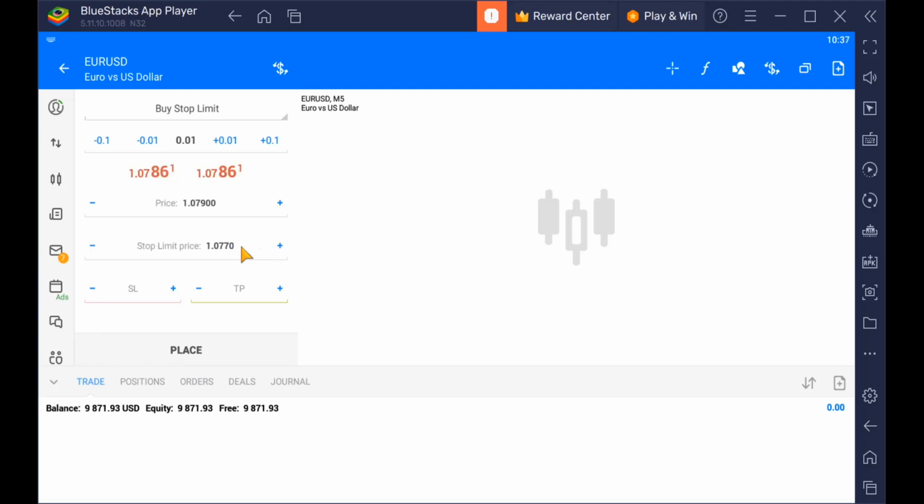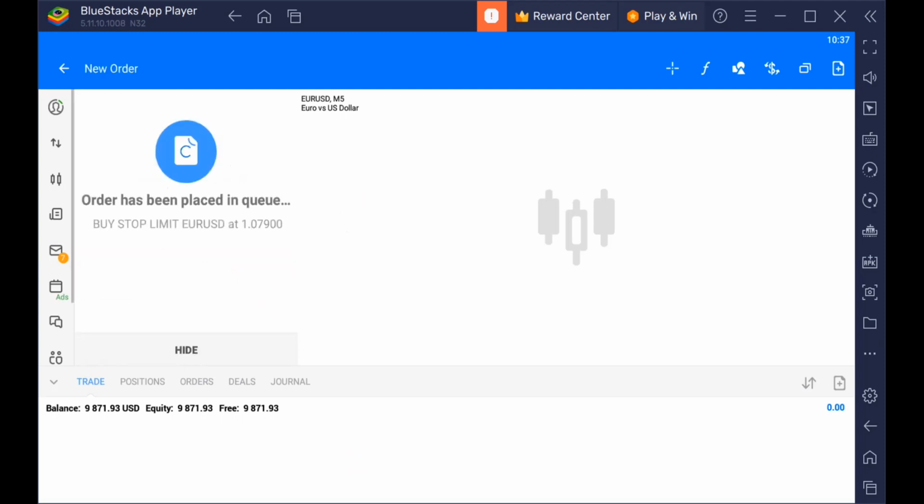When price rises to 1.0790, set a buy limit for me at 1.0770. This is lower than the stop price, right? The stop price is higher than the current price. So when price rises to this point, it now sets this limit order and waits for price to come to it before it activates the order. That's how it is.